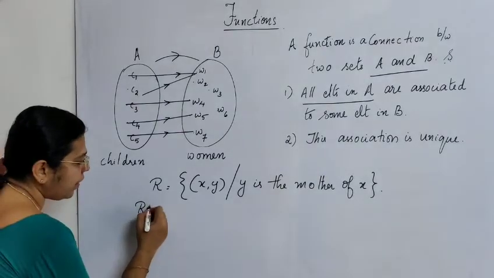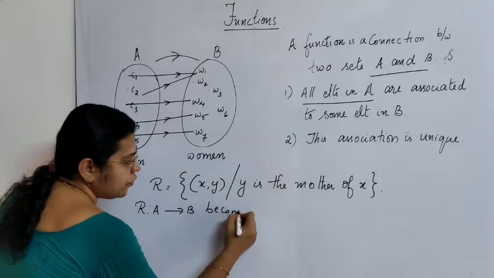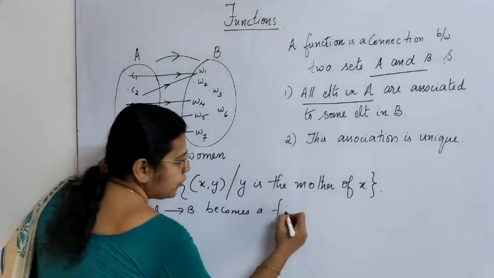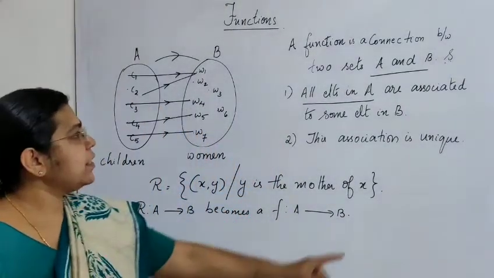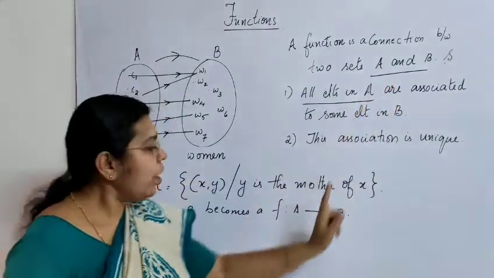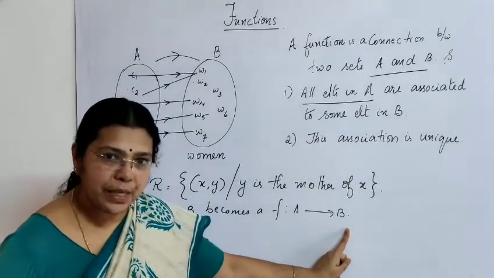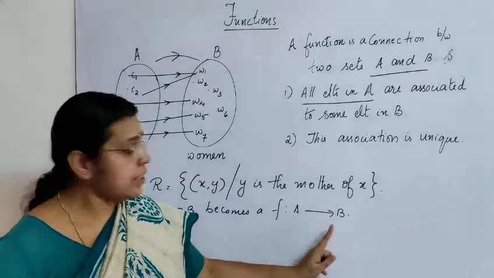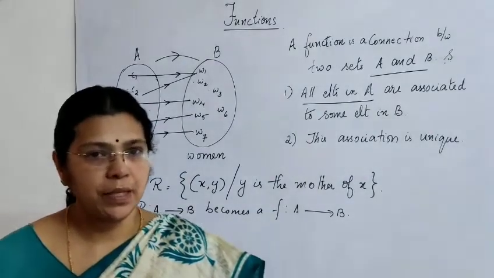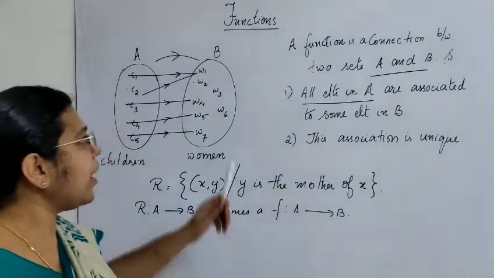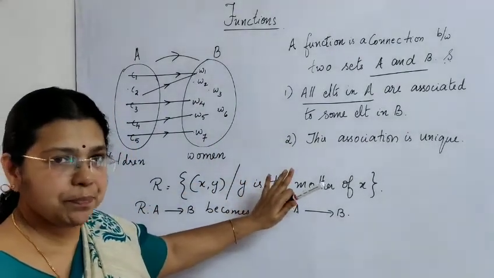A relation R defined from A to B becomes a function from A to B when these two conditions are satisfied. All elements of A are associated to some element of B, and this association must be a unique one. So that defines the function. Am I clear?